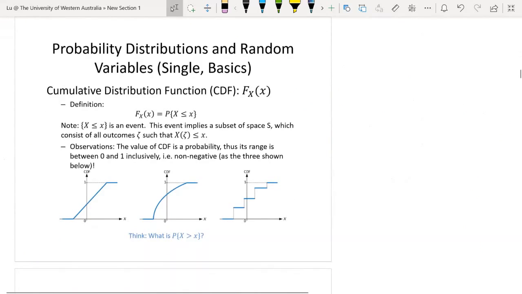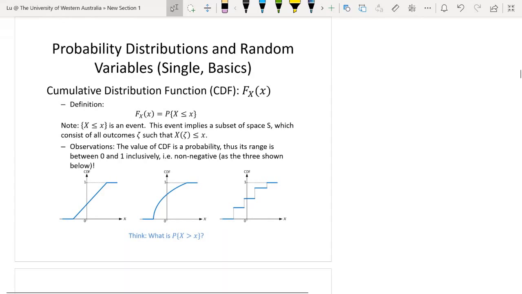Now, we come to section 2 and start to introduce these two tools. The first tool we are going to use is called the cumulative distribution function, or you can call that a CDF in short. Regarding the notation of the CDF function, we always use the capital F to denote it.